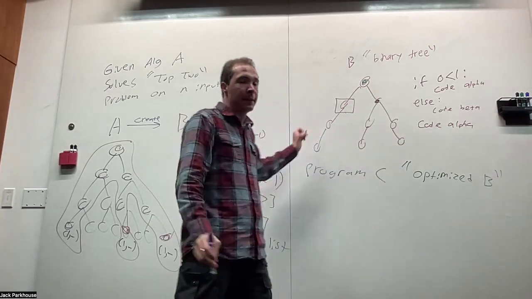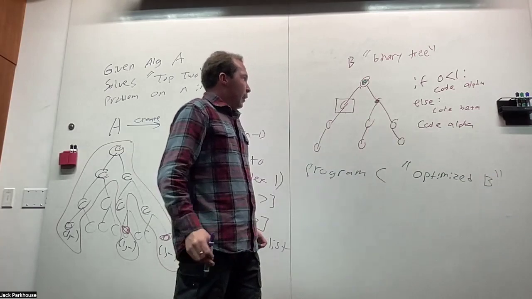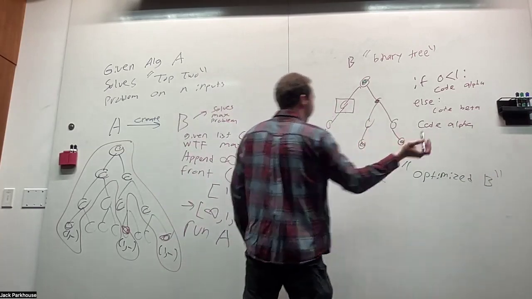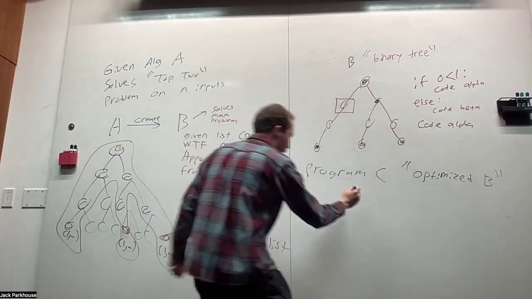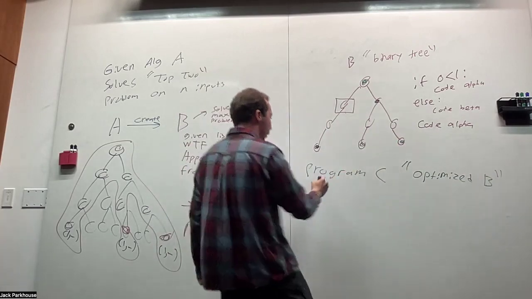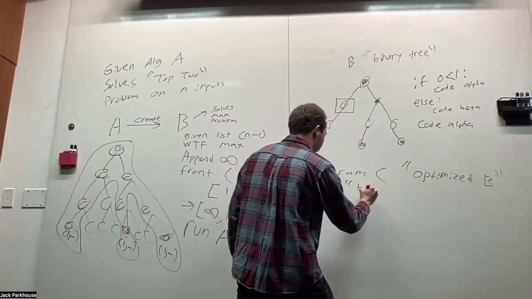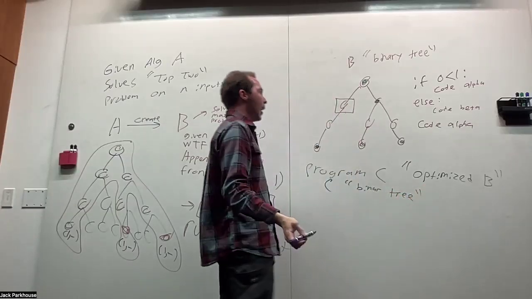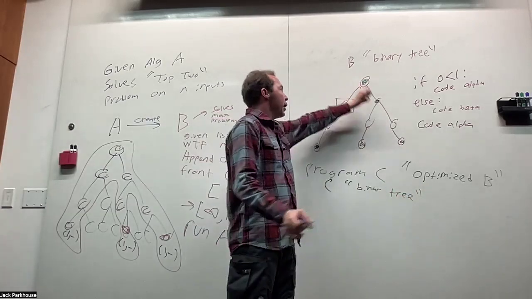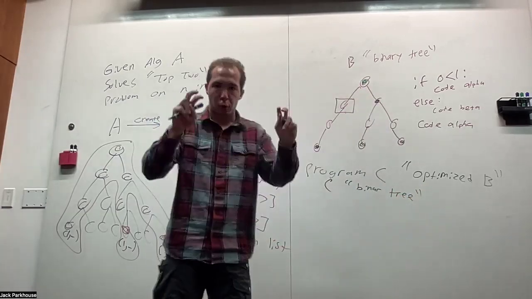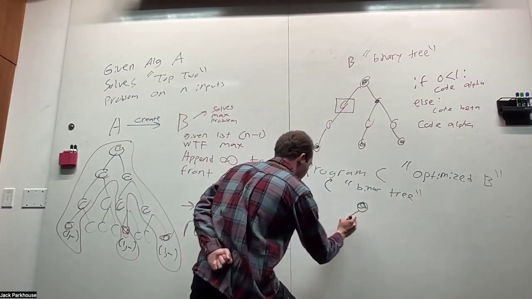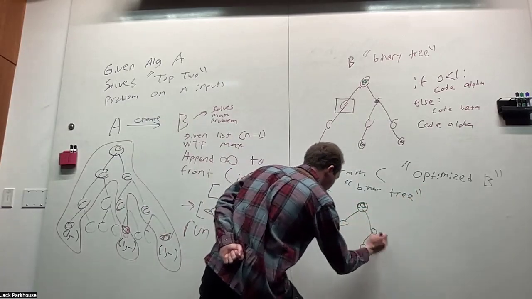There are potentially leaves. So now this code C's binary tree has the leaves and then also the kind of important nodes. So bam, bam, bam.